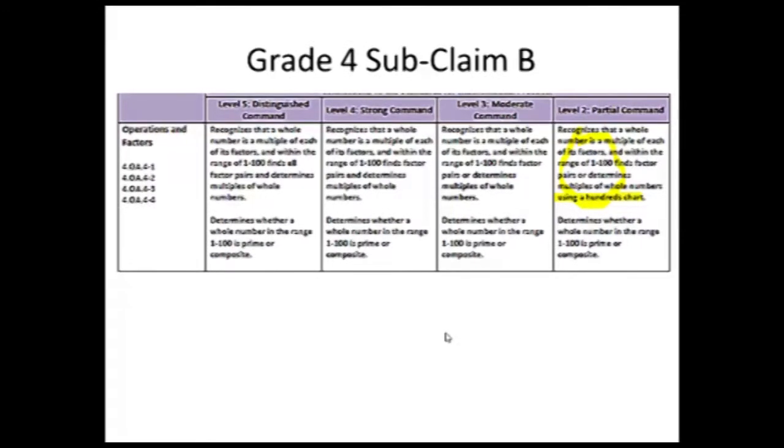So 4th grade has an aside of geometry that's a little bit different than 3rd and 5th, and it's that important idea of angle measure. So you definitely want to look at that with your program. The last piece then is patterning involved in subclaim B in 4th grade.